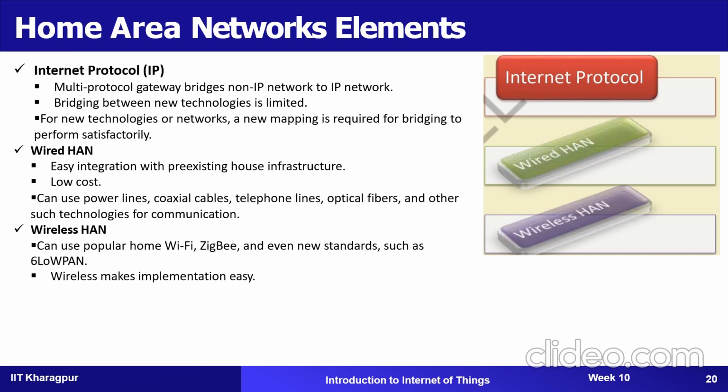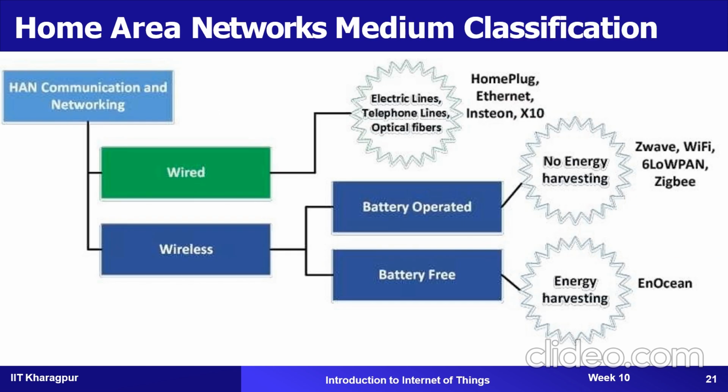It can use Wi-Fi, Zigbee or other standards such as your low band in order to make the communication possible between your different home appliances. The implementation of wireless HAN is easier as compared to wired.